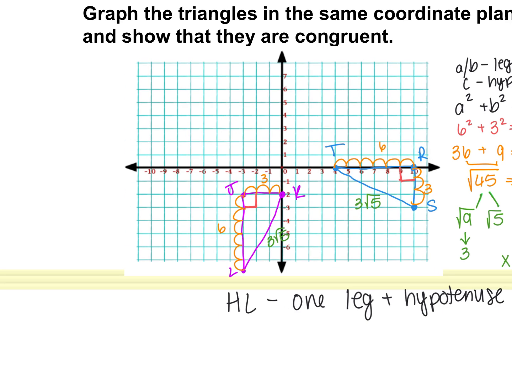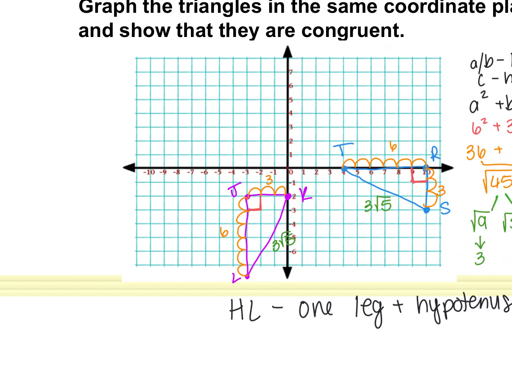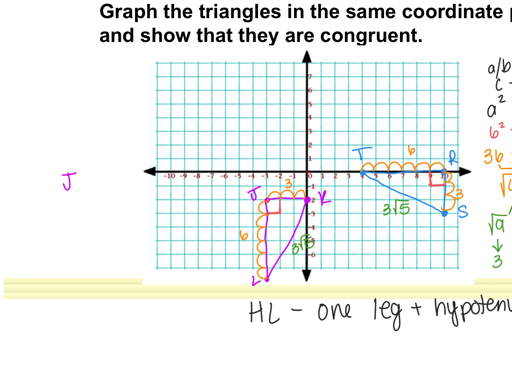So let's go ahead and write what's congruent. Looking at what's congruent, I have JK is congruent to what? I would have RS. And then I have JL is congruent to TR.